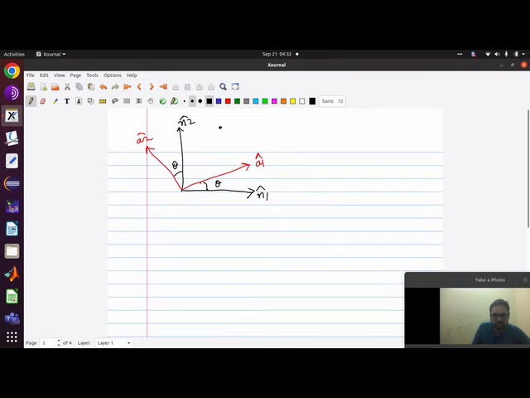So there is a point P, your origin O. In order to get to point P, one needs to travel, let's say, capital X along N1 and capital Y along N2.